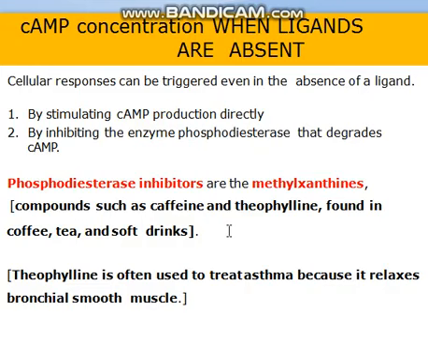Whenever we take tea or coffee, they relax our bronchial smooth muscles, and that soothes our functions, especially our bronchial muscles, and the feeling of relief will be felt by human beings.